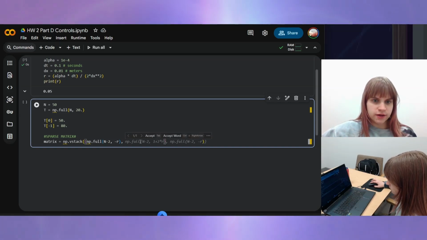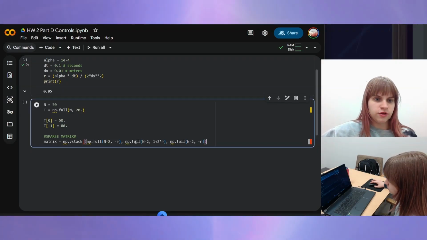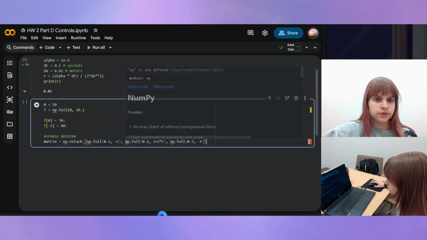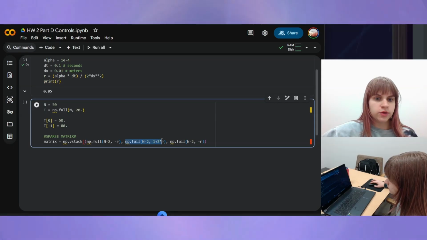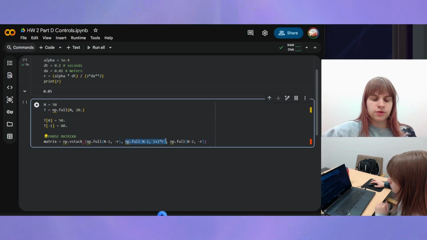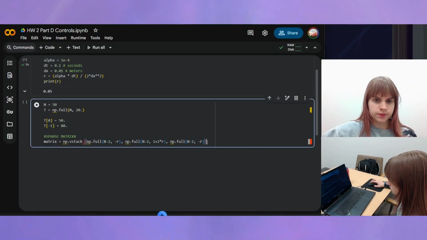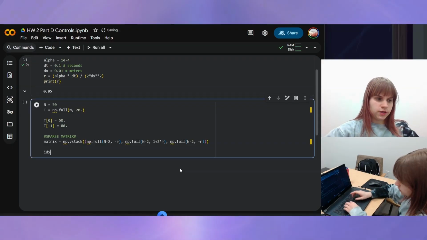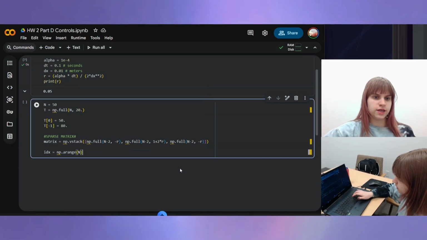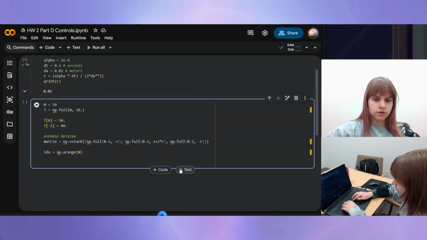We also have this that it wants me to do, which is correct, I believe. We had our 1 plus 2r diagonal, and then we also had another negative r diagonal. And then for plotting the x-axis, I'm going to do it like this right here.